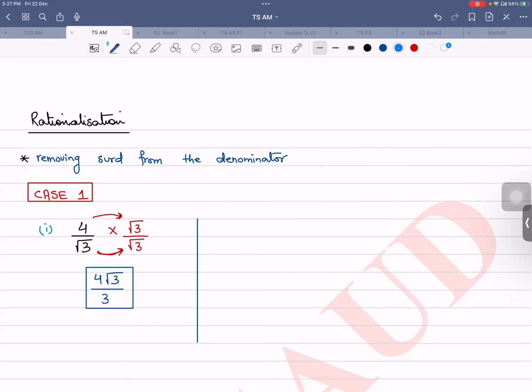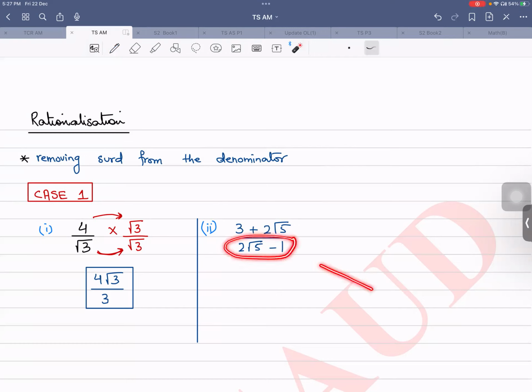Example number 2. 3 plus 2 square root 5 upon 2 square root 5 minus 1, for example. Now, how many terms do I have in the denominator?